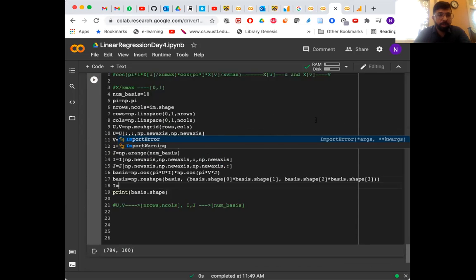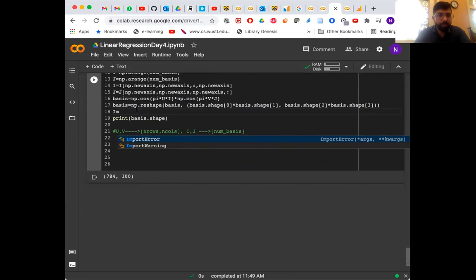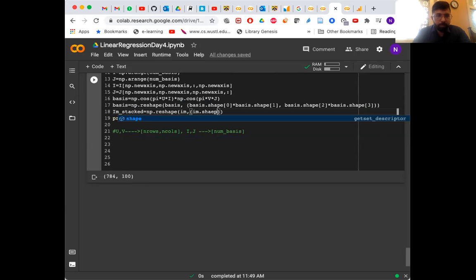So I'll call it im_stack, and this is np.reshape of image to image.shape[0] times image.shape[1] times 1.